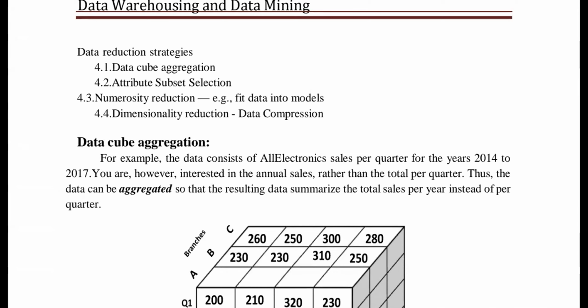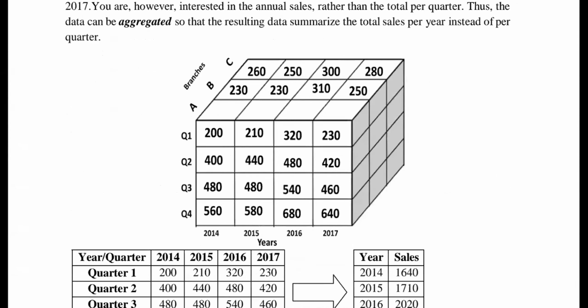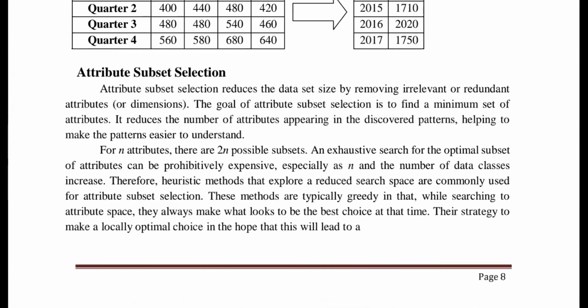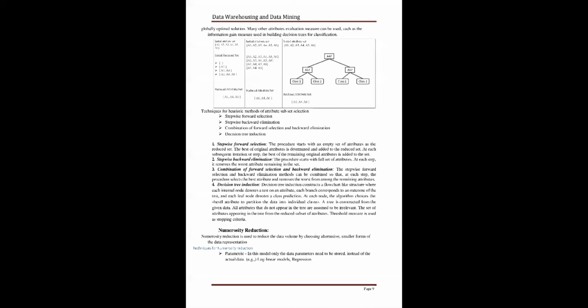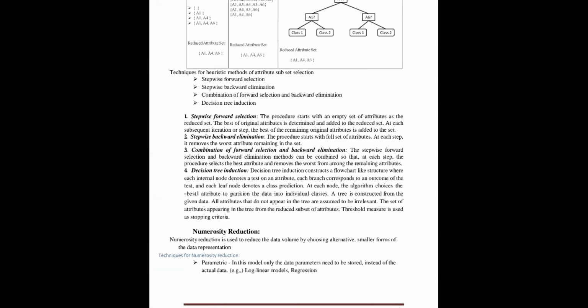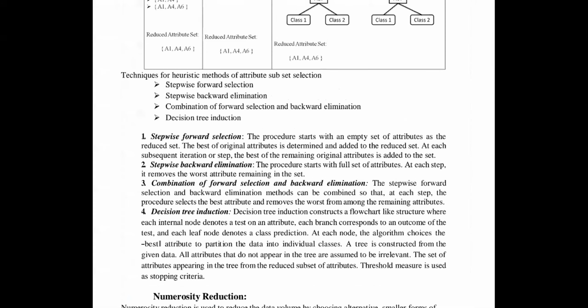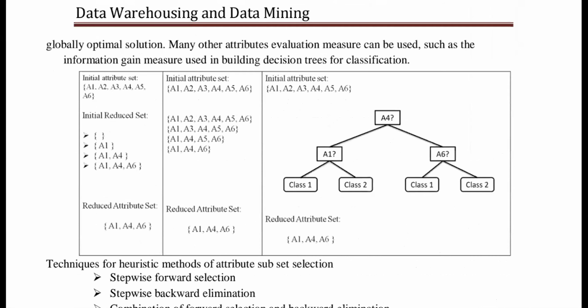These are the four methods presented in data reduction. Attribute selection is the main method. Reduction of the attribute set.